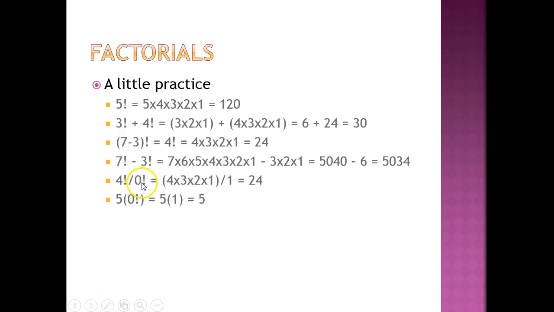This is just a trick question. 4 factorial divided by 0 factorial. Remember, I told you 0 factorial is always equal to 1. 4 factorial is 24 divided by 1 is 24. What about 5, not 5 factorial, but a plain old 5 times 0 factorial? 0 factorial is 1, so I've got 5 times 1 is equal to 5.